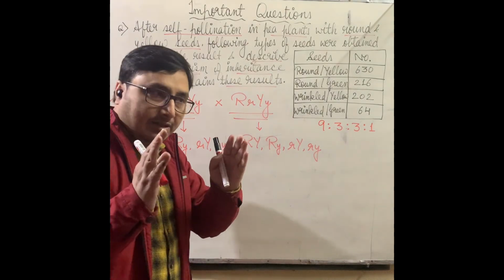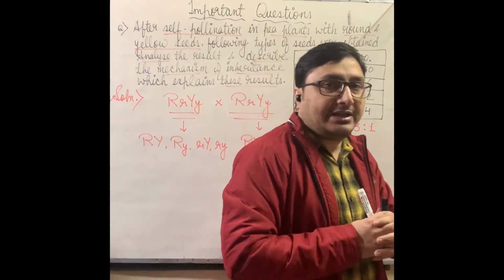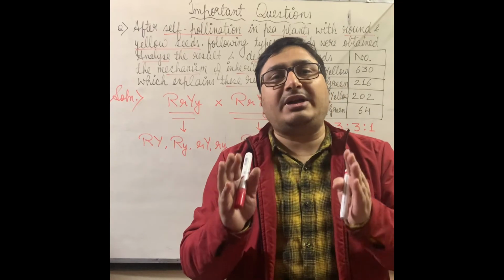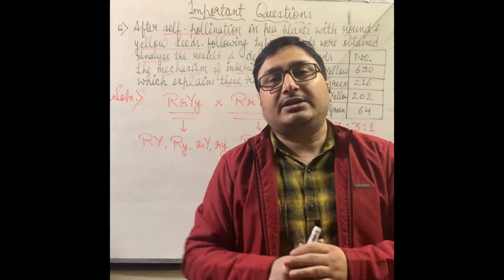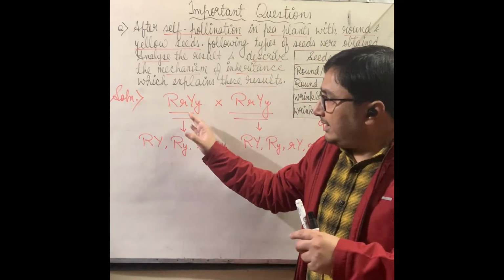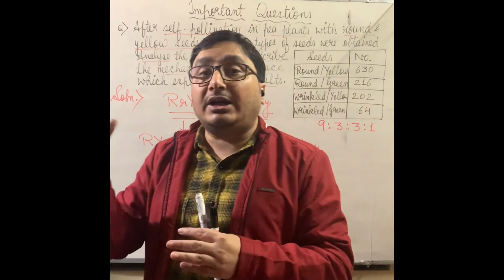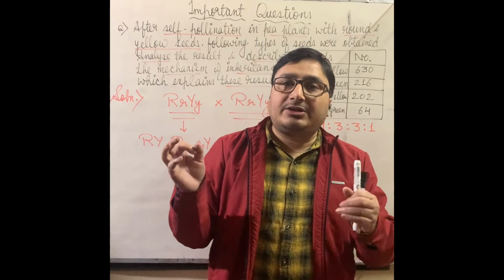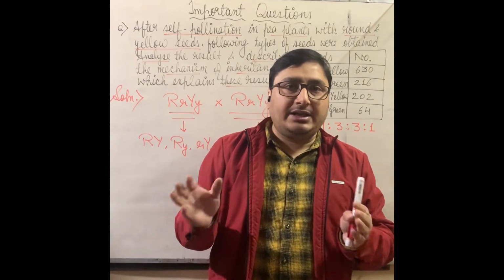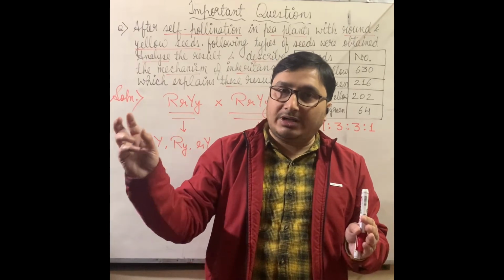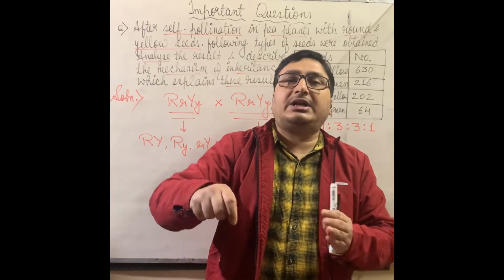Okay. In case of the third law, what did I tell you? That law of independent assortment states that each trait exists independently of the other. Okay, so the characters, the traits can exist independently. It is not necessary that a particular trait will be seen with another trait only.